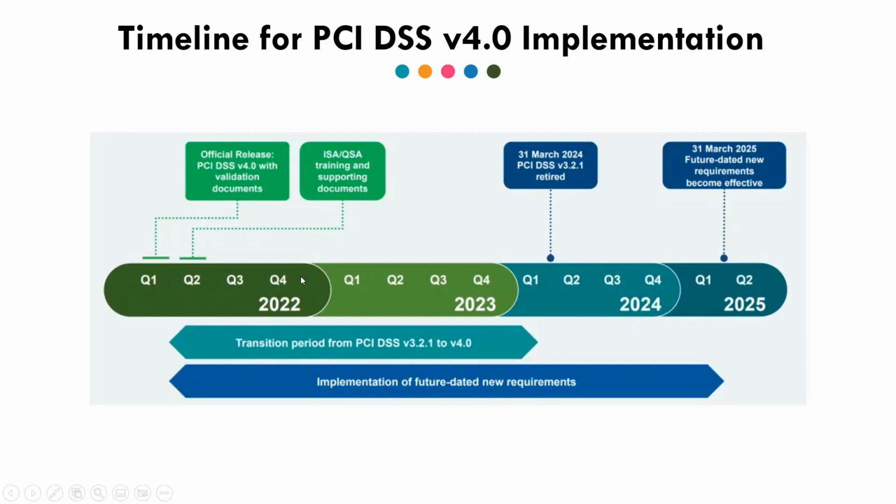And then we are now still juggling between the two, right? Now, March 31st of 2024 is when they are going to retire 3.2.1, like I said earlier. So it will be retired here. From that time onwards, everybody will have to stay in compliance with version 4. Now, what this is, new requirements.